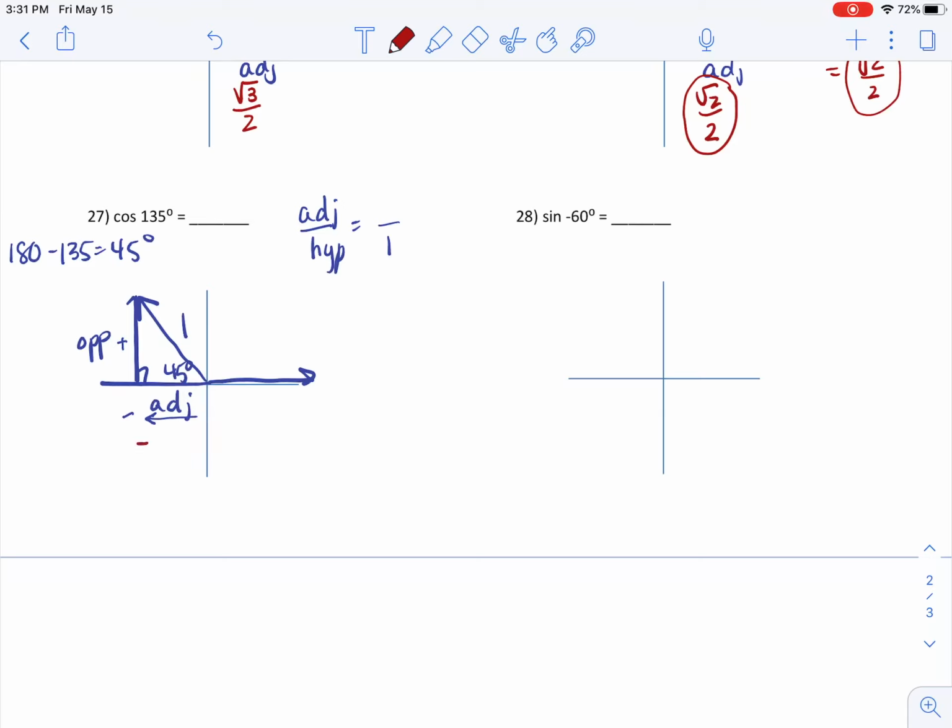We know that this side is going to be negative root 2 over 2, and this side is going to be positive root 2 over 2. My answer for the cosine, adjacent over hypotenuse, anything over 1, we don't need to worry about that, will just be negative root 2 over 2.